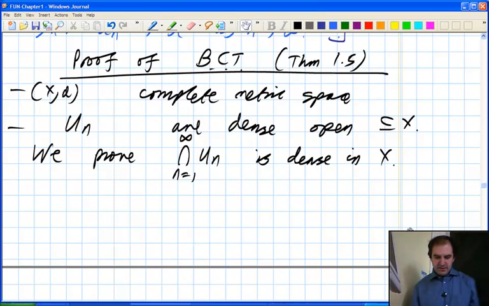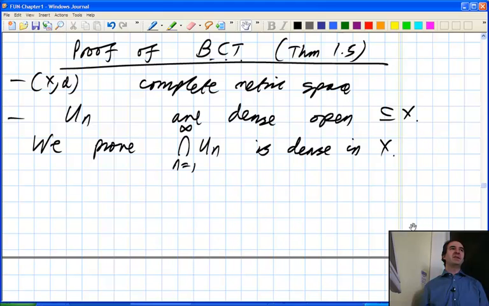Okay, so let's suppose we've got a non-empty open subset of X, and we have to show that this set meets it.